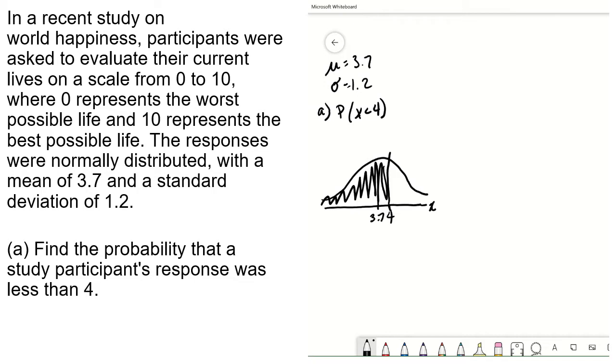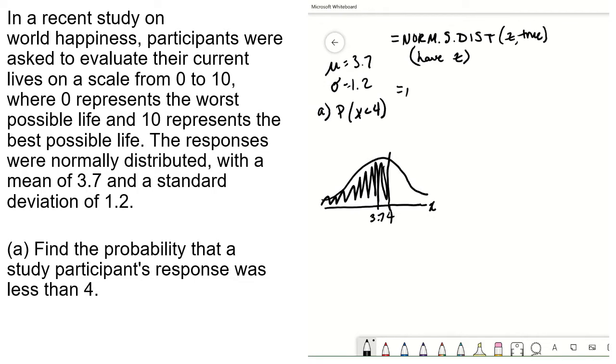So if you want to use Excel to answer this question, it will help a lot. And there's two different formulas you could use. You could use the norm.s.dist formula, and this is if you have a z, and for this one you would enter in your z value and then the word true.